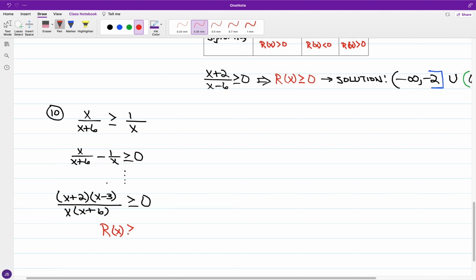So this is what we're going to have for r of x. We say r of x is greater than or equal to 0, just putting this in terms of the factored form.